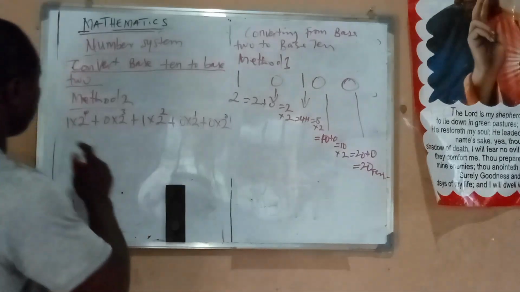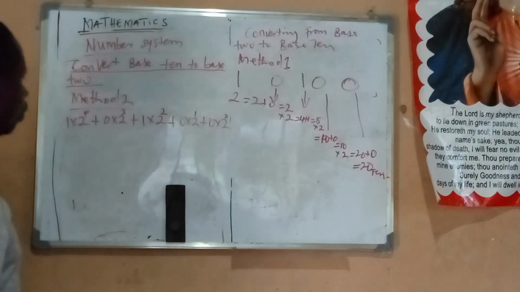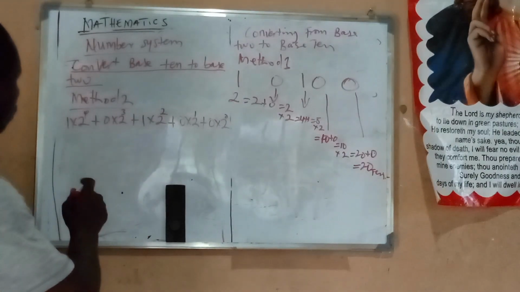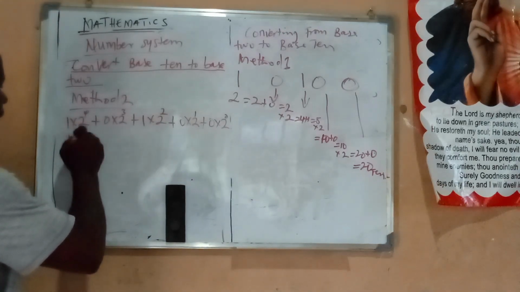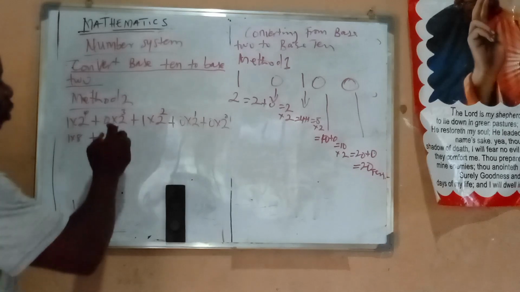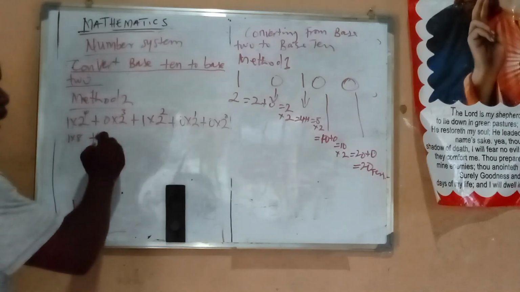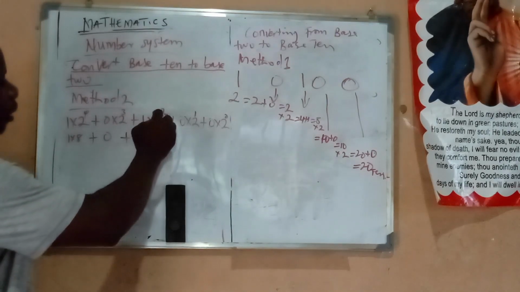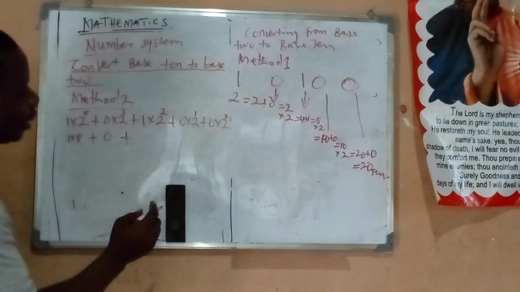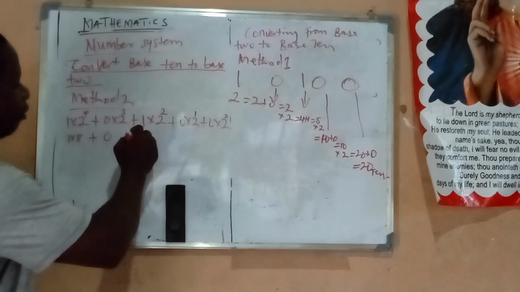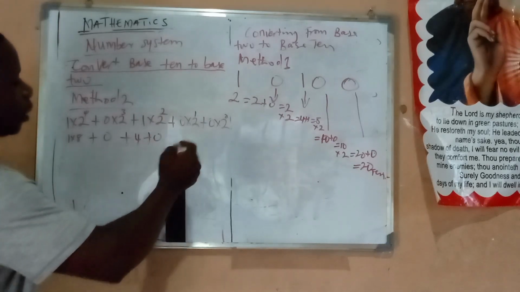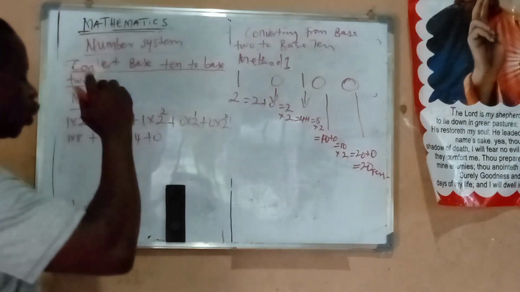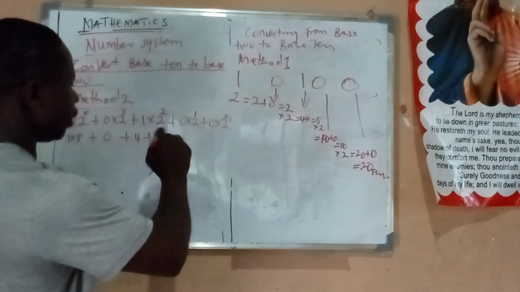Now 2 times 2 times 2 is 8. 1 times 8, plus any number multiplied by 0 is 0. Take note of that. Plus 2 times 2 is 4. We have here 4. 0 times 2 is 0. Now take note, any number raised to power 0 is 1, and 1 times 0 is 0.